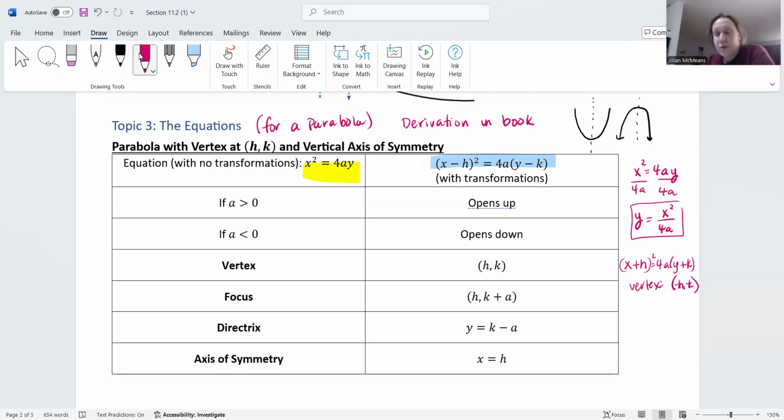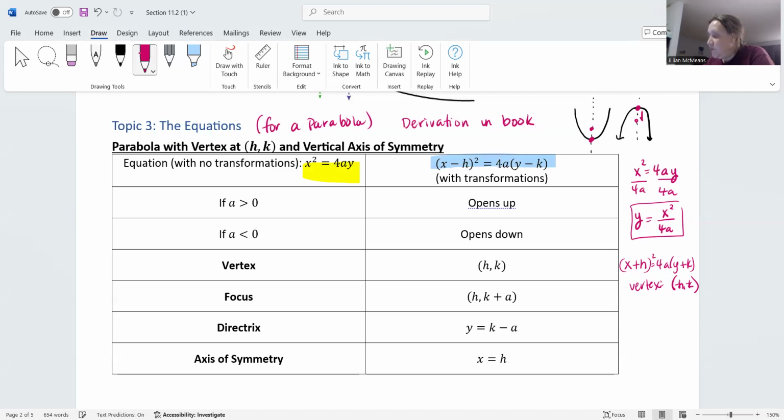Now, the focus we can pretty easily find. If you have a parabola that's opening up or down, you're going to have a vertical axis of symmetry, remember? So you have this vertically oriented parabola. We know that we have a vertex at the highest or lowest point, and a distance of a units away from the vertex, inside the parabola, is going to be your focus.